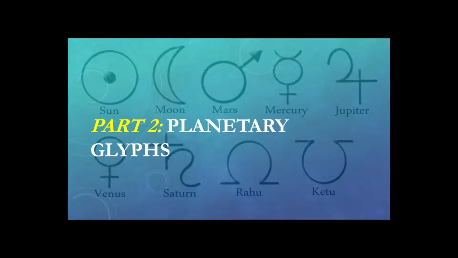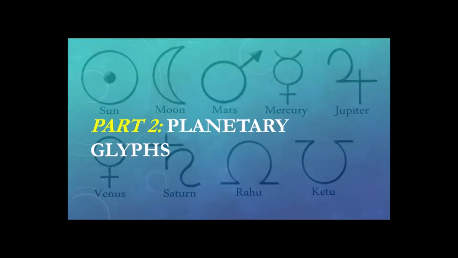Today's lesson will cover the planetary glyphs, which are the symbols. Glyphs is the same as symbols. The symbols representing all of the planets that we can see in a natal chart. This lesson will include the basic default planets you're going to see, like the sun, the moon, Mercury, etc., through Pluto.